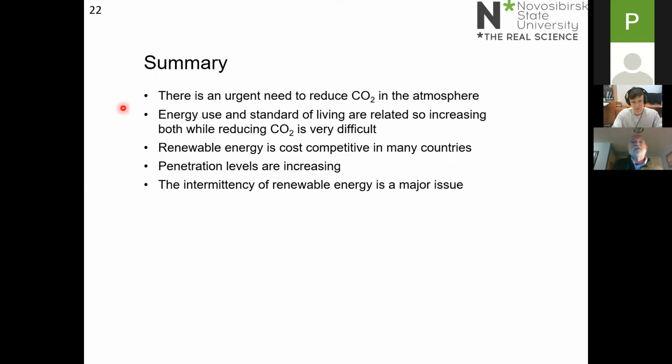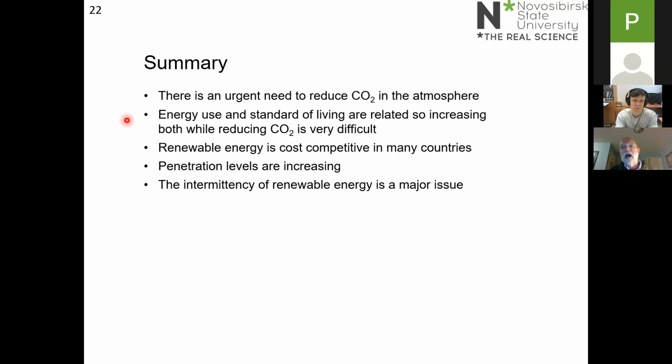Okay, so the summary of where we've got so far is that, without labouring the point, there is a great need to reduce the amount of carbon dioxide that humans are pumping into the atmosphere. Another issue that I haven't really spent any time on, but I think it's intuitively obvious, is that energy usage and standards of living are related.